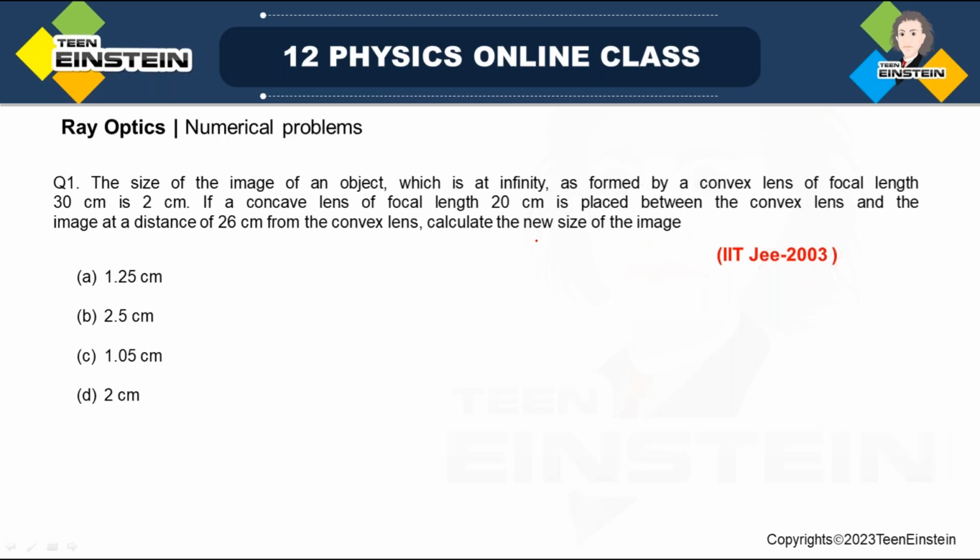Okay, so let us read this problem. The size of the image of an object which is at infinity, formed by a convex lens of focal length 30 centimeter, is 2 centimeters.